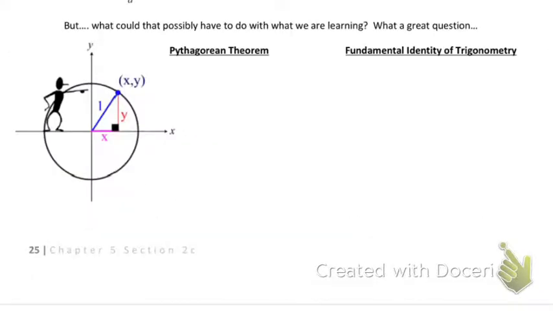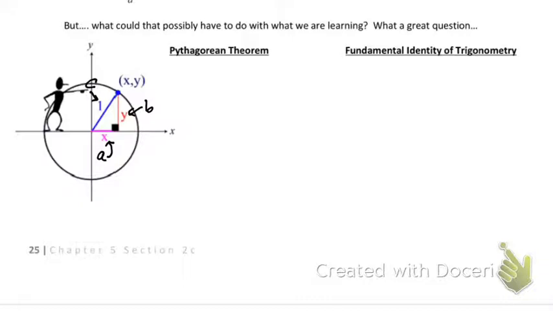Now, let's bring trig into it. I have a right triangle. The Pythagorean theorem works for any right triangle. So I'm talking side squared plus side squared equals hypotenuse squared. So my a value is right there, it's x. My b value in this case is going to be y, and my c value is going to be 1.